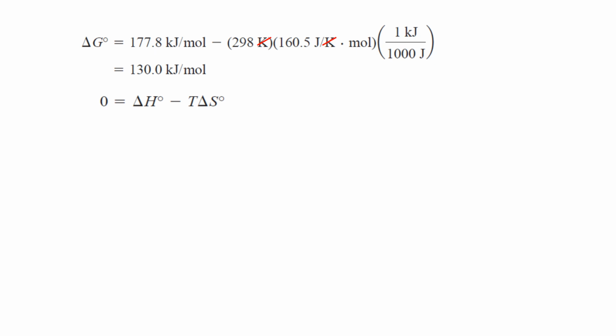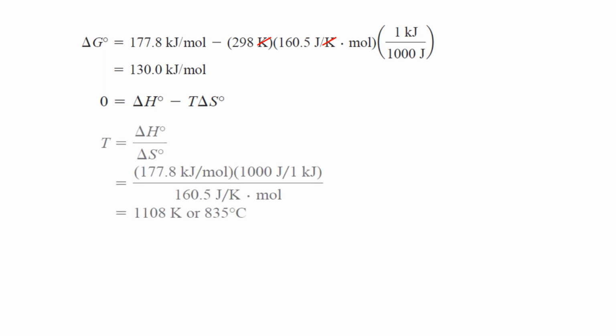So if this is 0, using the original equation, free energy of the reaction, 0, equals the difference between the change in enthalpy of the reaction and temperature times the change in entropy of the reaction or of the system.